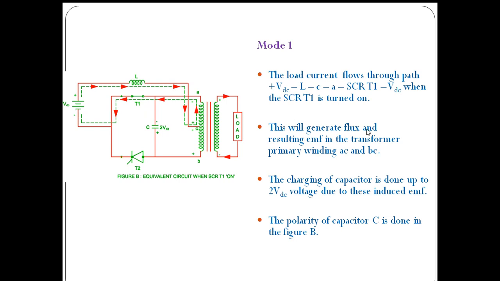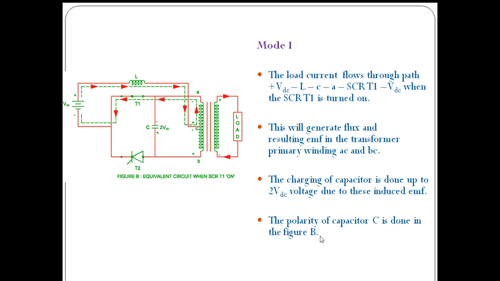This generates flux, resulting in an EMF in the transformer primary windings AC and BC. This transformer voltage appears across the capacitor. As the capacitor is in parallel, it is charged up to 2 VDC due to these EMFs.